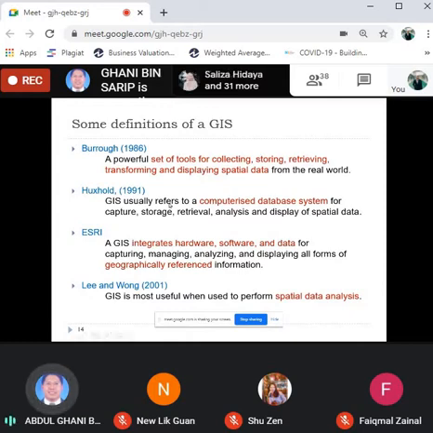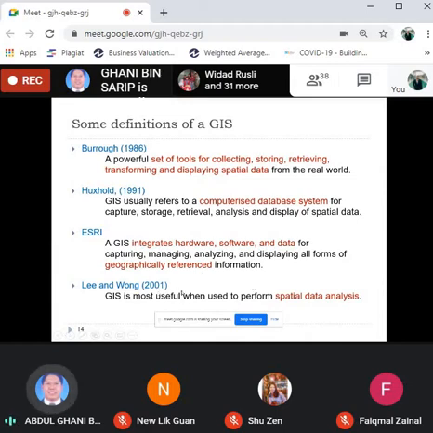Then Haxel mentioned that GIS refers to a computerized database system that could utilize all of these functions. And then ESRI, which is the pioneer of GIS software, hardware, and applications, says GIS integrates hardware, software, and data to do all of this processing of what we call geographically referenced information.